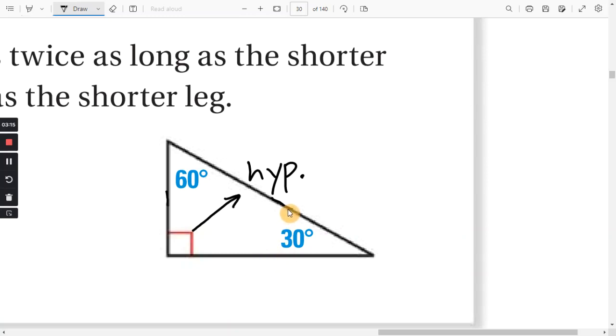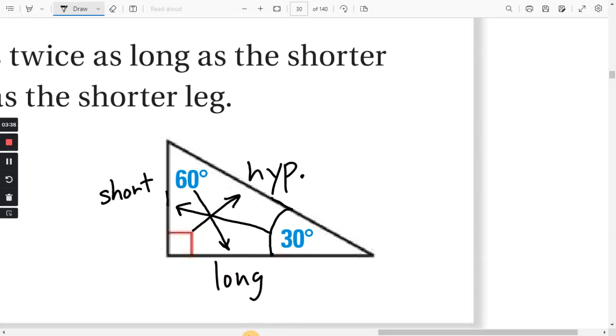The one across from 30 is going to be shorter than the one across from 60. So if you go from the 30 angle to the side, that side is considered your short leg. And if you go from the angle across from 60, that side is considered your long leg.